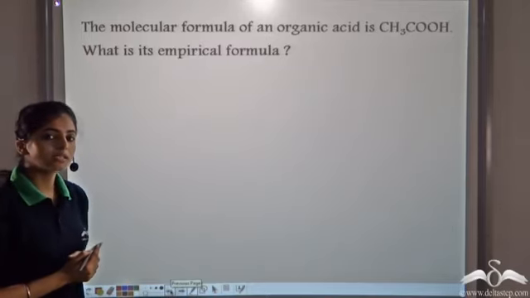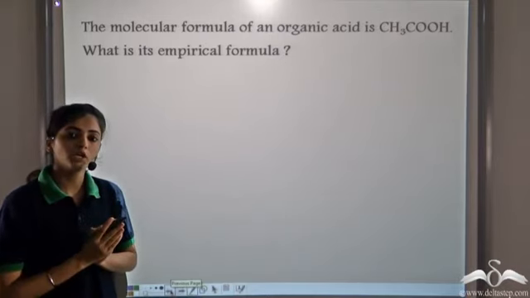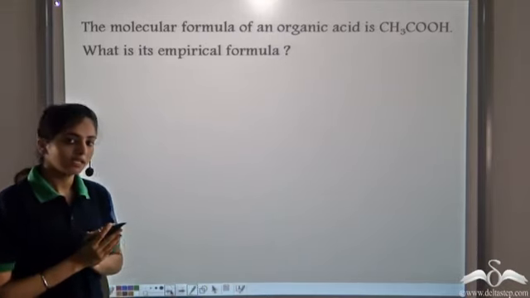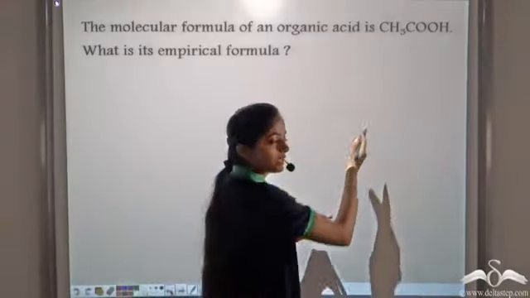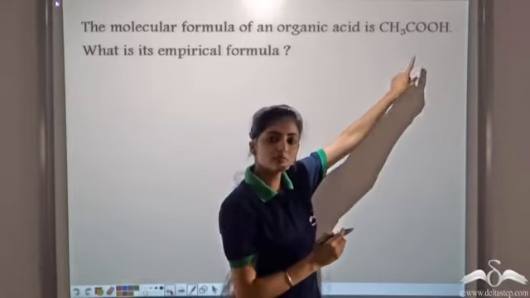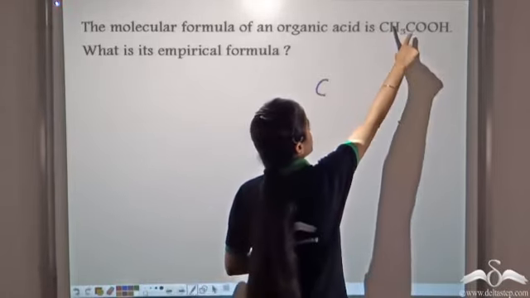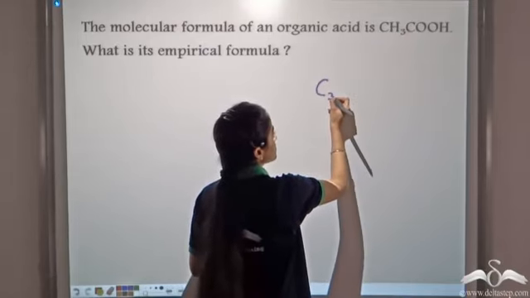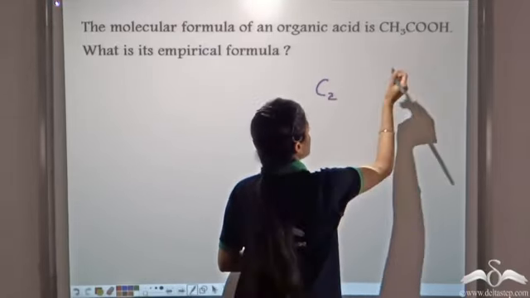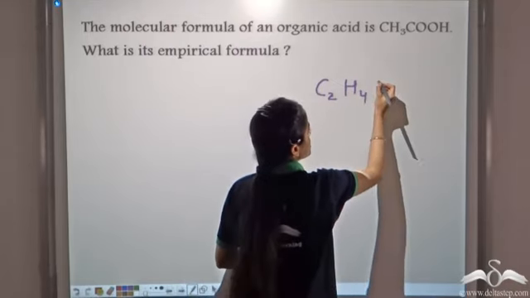We have an organic acid, CH3COOH. Now what is the empirical formula of this? Let's see. For finding the empirical formula, we see the number of atoms present in the molecule. There are 2 carbon atoms, 3 + 1, that is 4 hydrogen atoms, and 2 oxygen atoms.